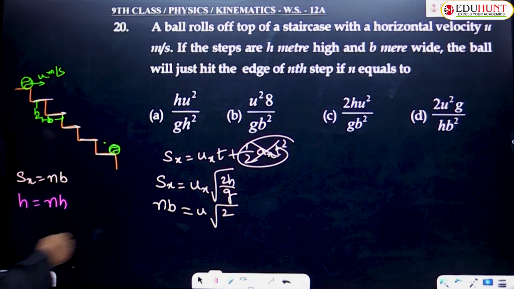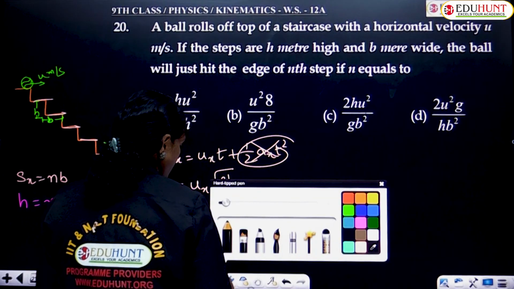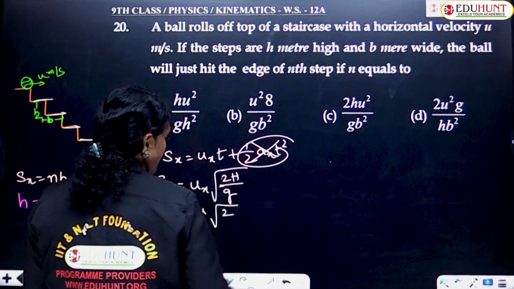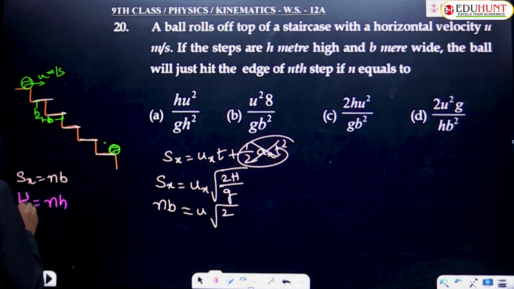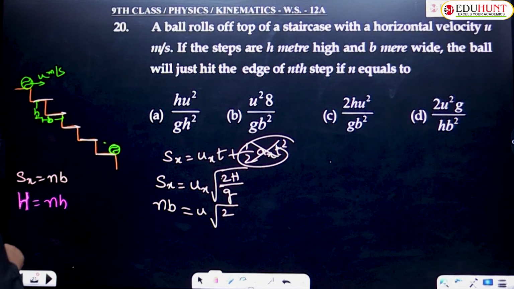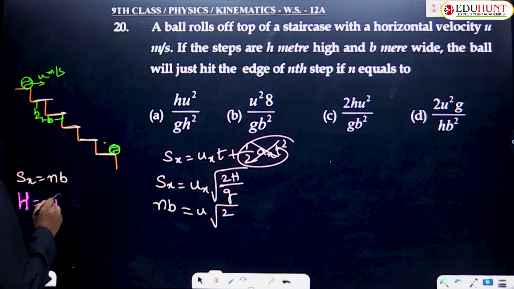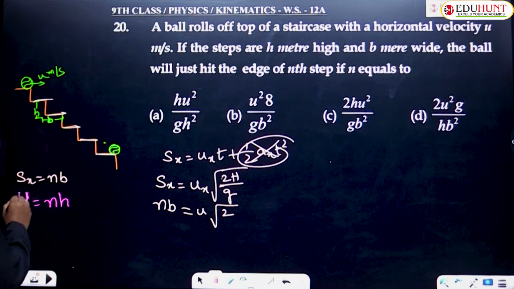If you are confused, let us replace this with some capital H so that you can understand in a proper way. Okay, this is better. So the total height of all the steps is given by: each step has height h, total number of steps are n, so total height is n times h.